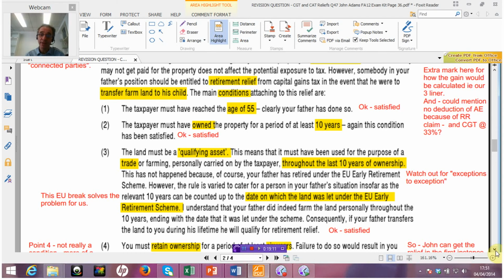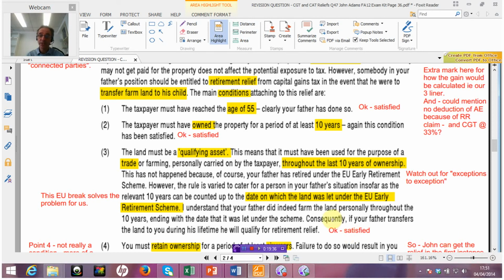So if he hadn't retired under that scheme, then we would certainly have a problem, but he does. So in effect, what we're saying is that this EU early retirement scheme solves the problem of him having retired early, indeed under the scheme, and not satisfying the normal conditions for trading up to the date of transfer.